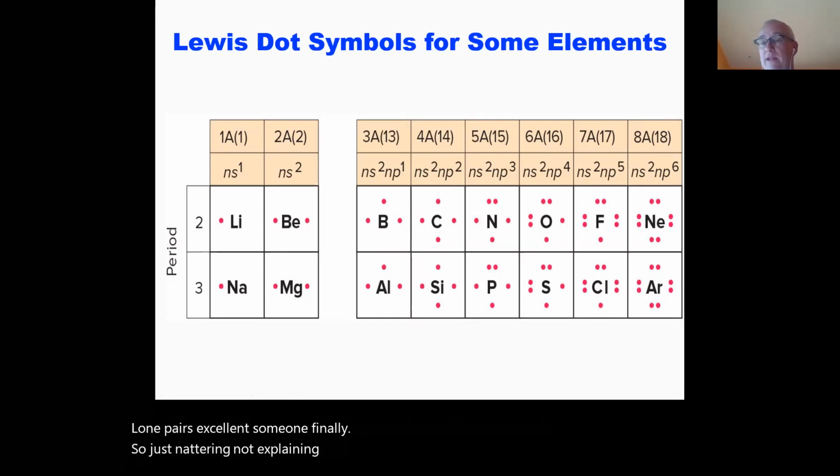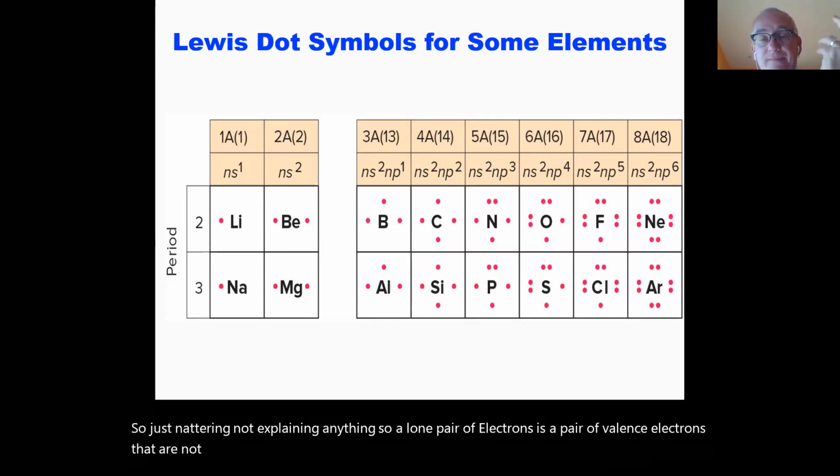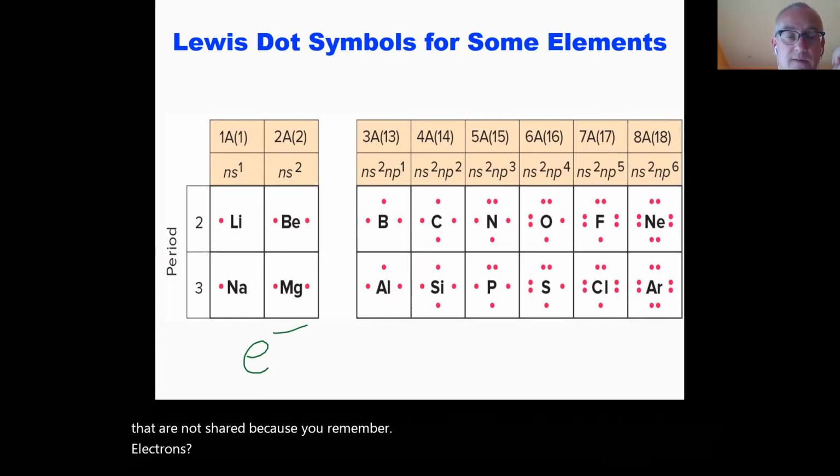So a lone pair of electrons is a pair of valence electrons that are not shared. Because you remember, electrons need to be paired.